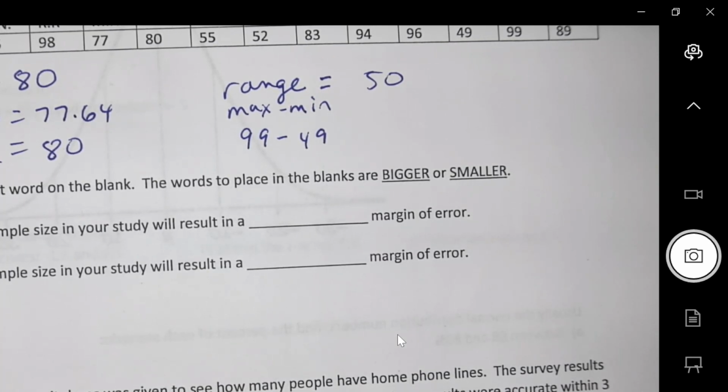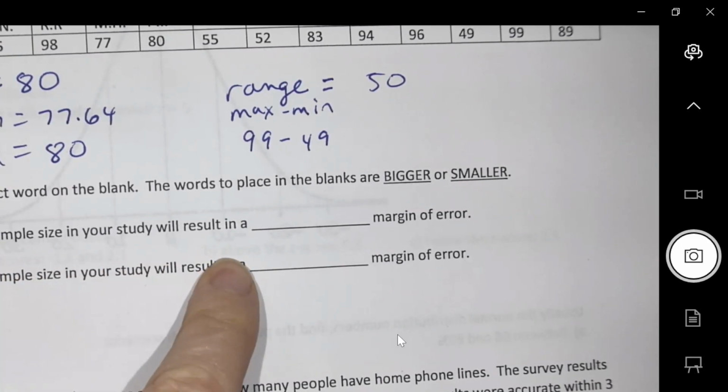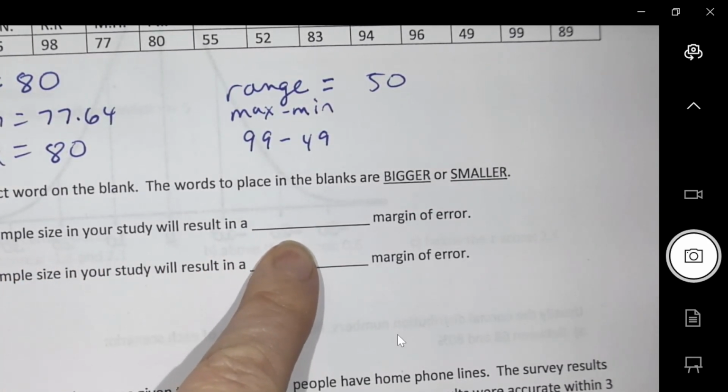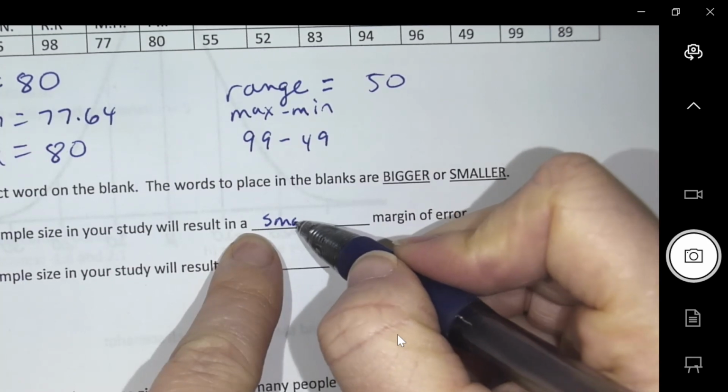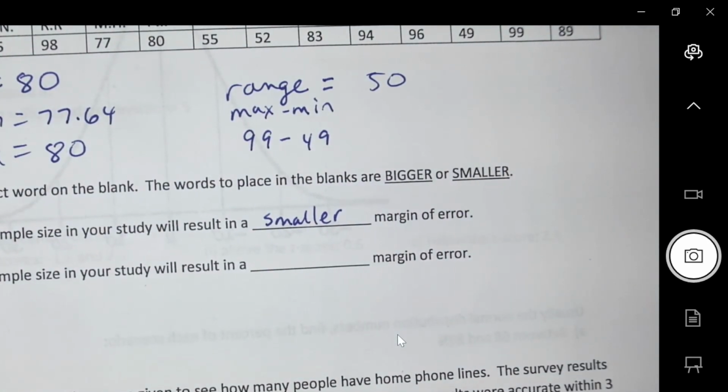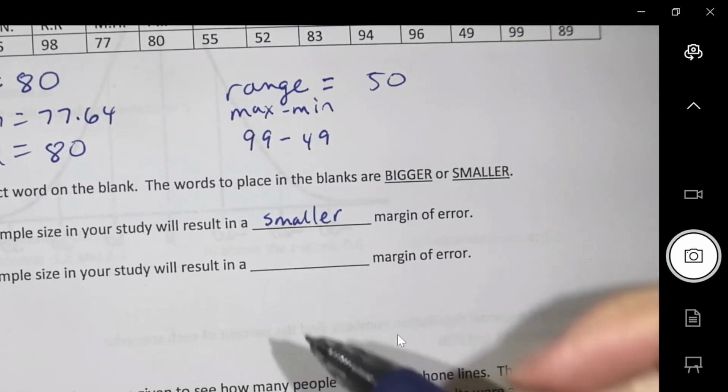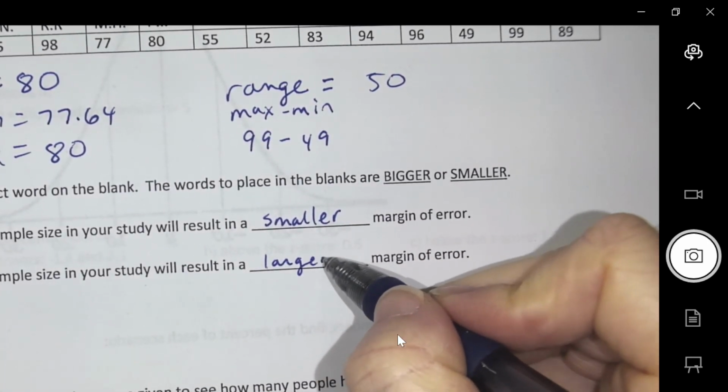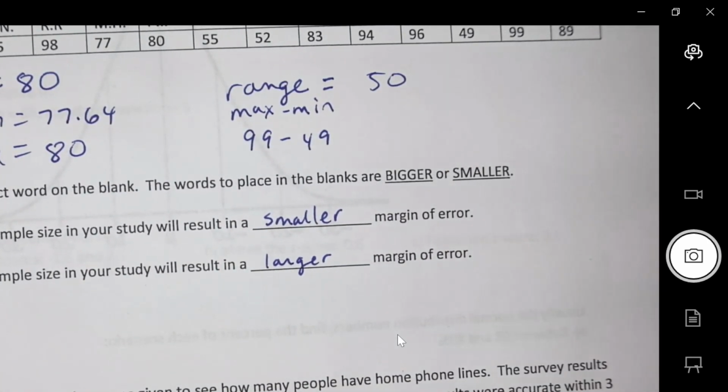More people. The more people you ask, the more accurate it's going to show. So a larger sample size will result in a smaller margin of error, and a smaller sample size means you could have a larger margin of error. So the more you ask, the better your stats will reflect what you want.